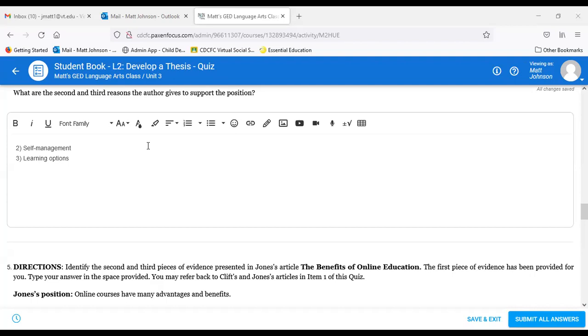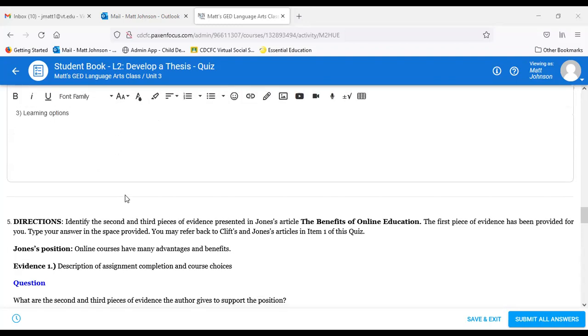So, in Jones's article, one of his reasons is self-management. Discussing self-management, he states that blah, blah, blah about the evidence. That's all you do, right? You're not going to go back and restate everything. You can quote, if you need to. You just have to make sure that you're using your quotation marks. It's like, Jones said, quotation mark, blah, blah, blah, end quotation mark, and go on. Yeah, good job.